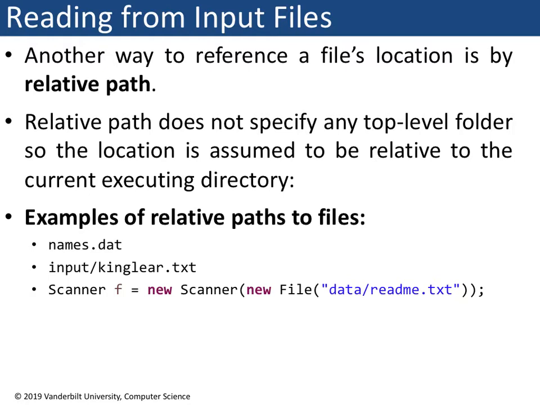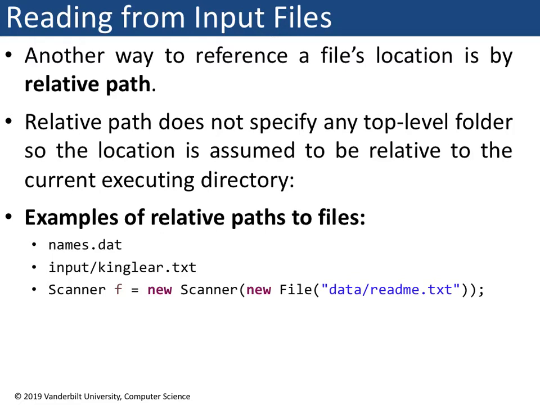Another way to give a file's location is to give a relative path. A relative path is exactly what it sounds like. It is the path relative to some known location. And in IntelliJ, this relative path is always going to be relative to the topmost directory in your IntelliJ project.